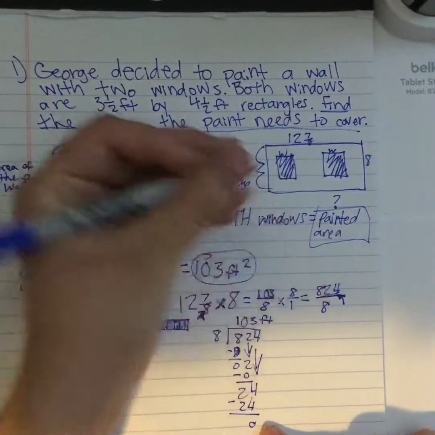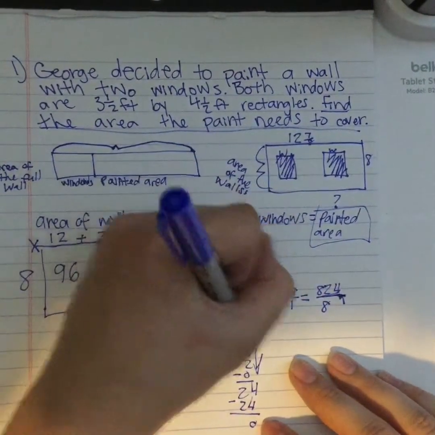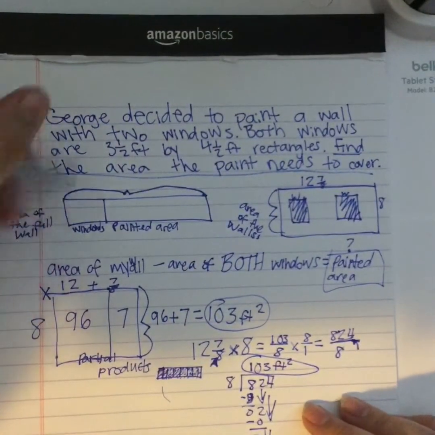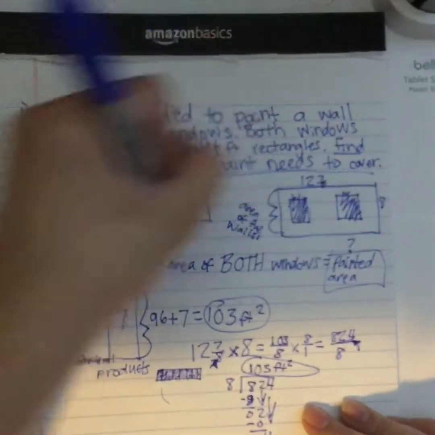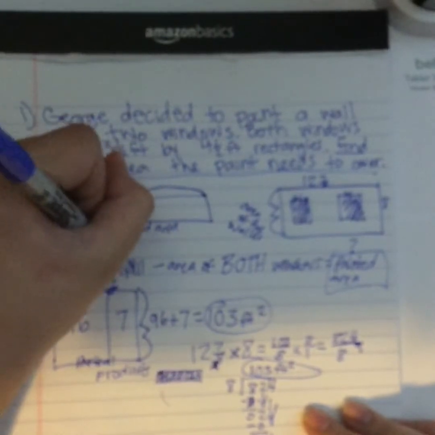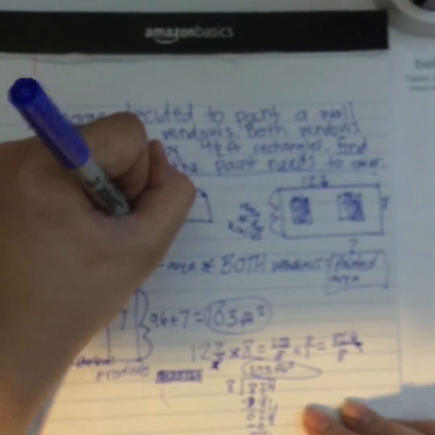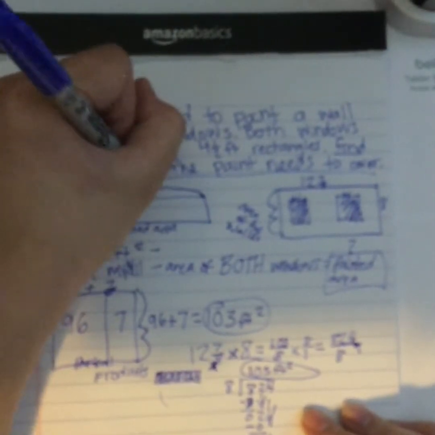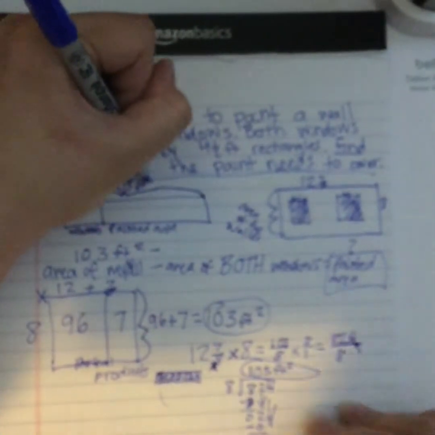It's 103 feet squared. So I'm going back up to my visualization up here, and I know the whole area, so the area of my wall is 103 feet squared.